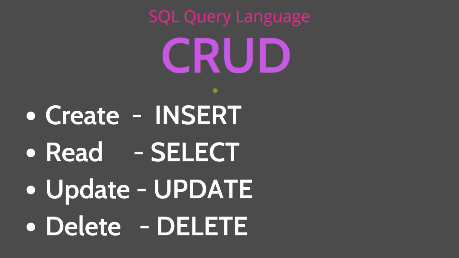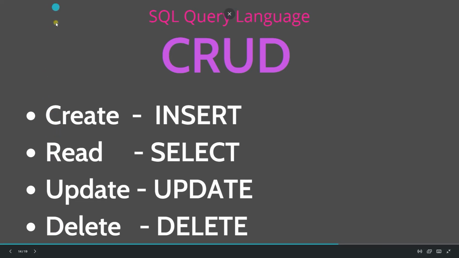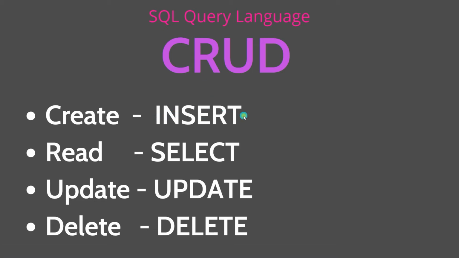So how do we access data? We access data with a SQL query language, or SQL. The operations that we query by are represented by CRUD operations. CRUD is an acronym that stands for create, read, update, or delete. So when we're creating new data, we use a SQL insert statement.